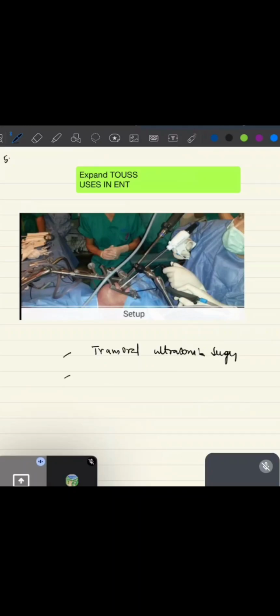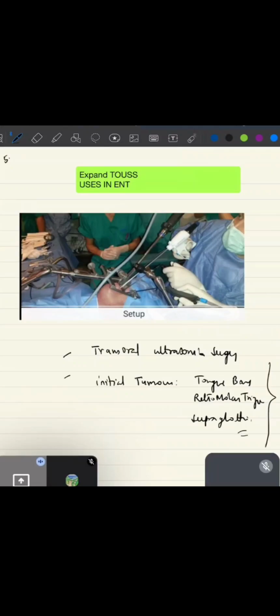Uses in ENT, generally used for initial tumors of your tongue base, resection of them, tongue base, retromolar trigone, supraglottis. You can add your favorites also over here. So remember this TAUS, full form, advantage, one use.